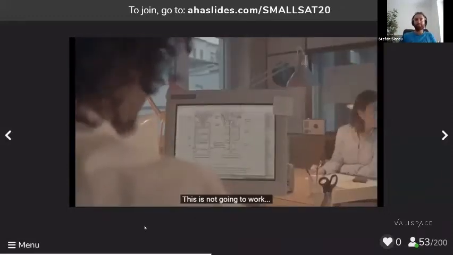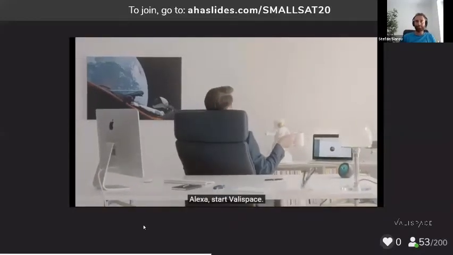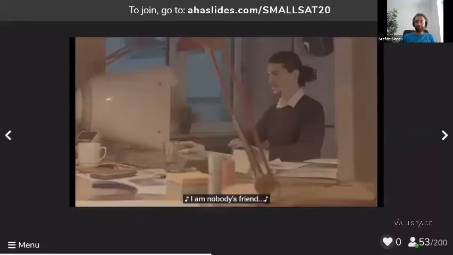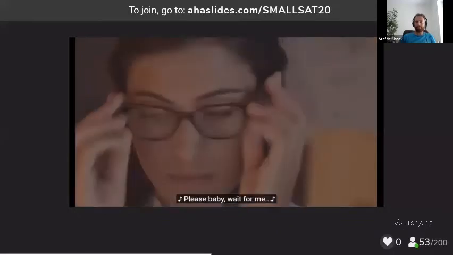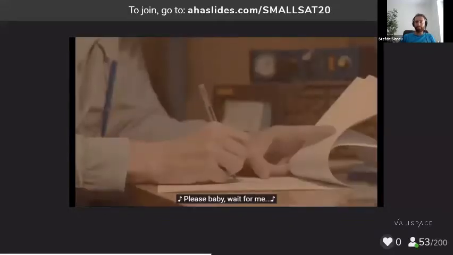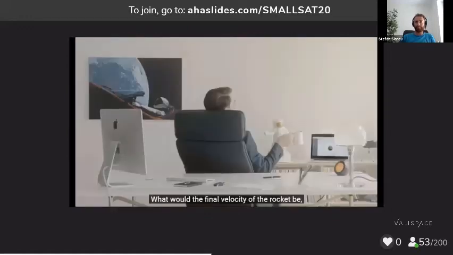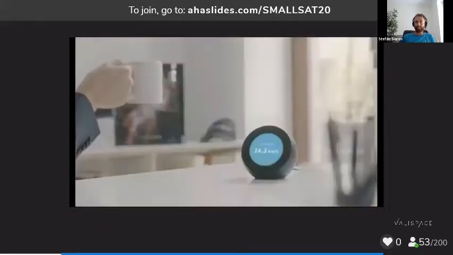This is not going to work. Oxidizer density in the draft 3 analysis, the current one. Alexa, start Valispace. Welcome to Valispace. What would the final velocity of the rocket be if we change the fuel mix ratio to 4.5? The final velocity would be 14.3 kilometers per second.